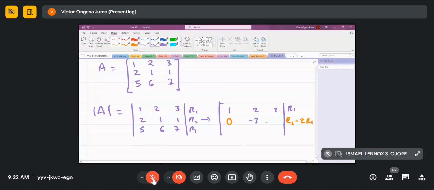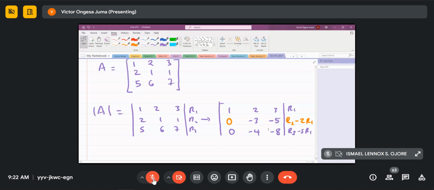And then here, row 3 minus 5 row 1. So that is 0, that's minus 4, right? And then that's minus 8.